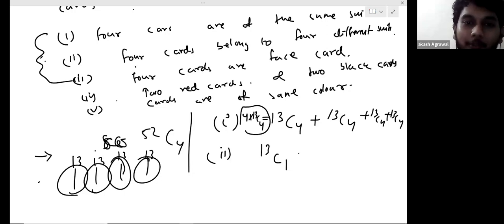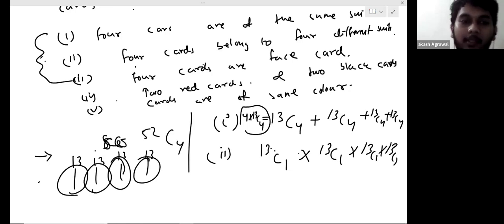Because if you have to choose 4 cards of different suits, then you have to choose one from each suit. So one and another and another and another. किस किस को बात समझ में आ गई, किस किस को नहीं आई? Okay, I believe that is got it, sir.